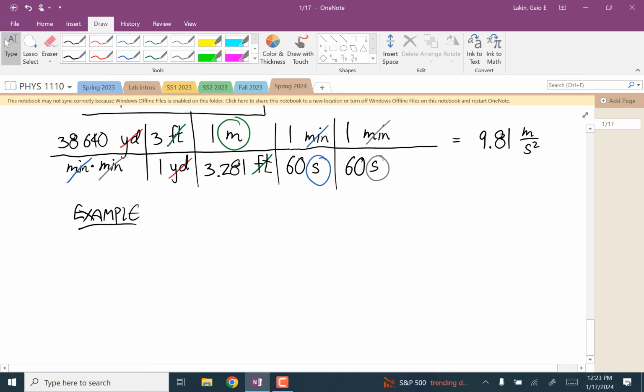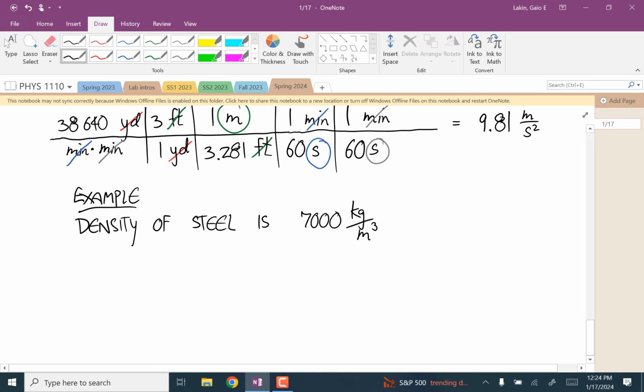Let's say that the density of steel is 7,000 kilograms per meter cubed.